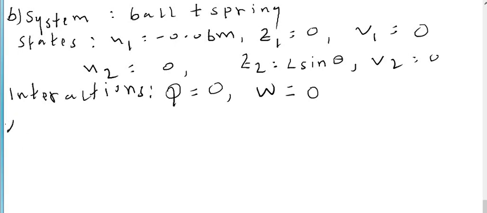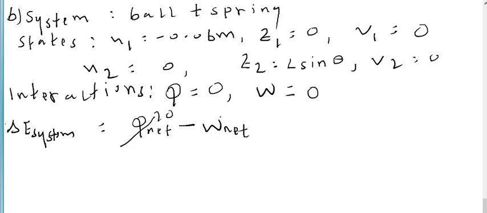So now we apply the first law. By applying the first law, dE of the system, that is the change in energy of the system, is equal to heat net minus work net. So this is 0, this is also 0.